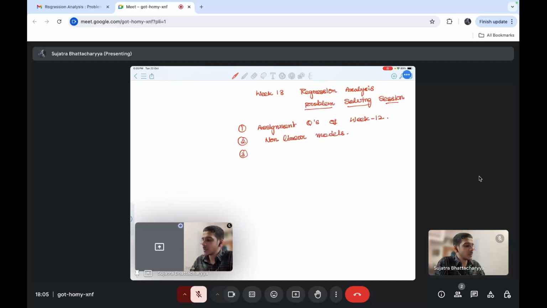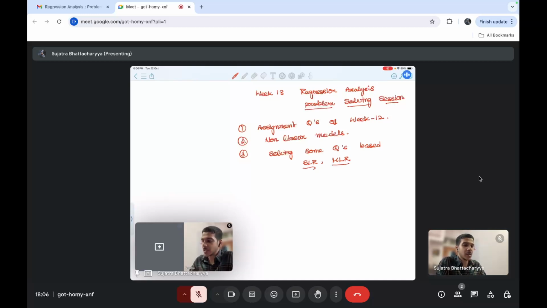After that, we will move towards solving some questions based on simple linear regression and multiple linear regression models. As we have seen, we have devoted so many weeks to regression analysis, and in almost all the weeks you have used either simple linear regression or multiple linear regression to solve a particular question.